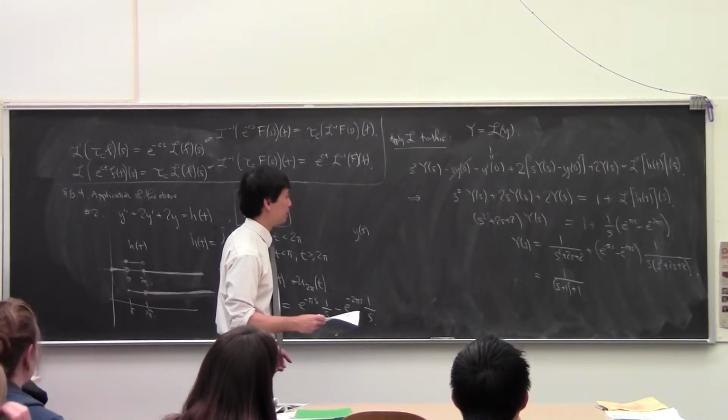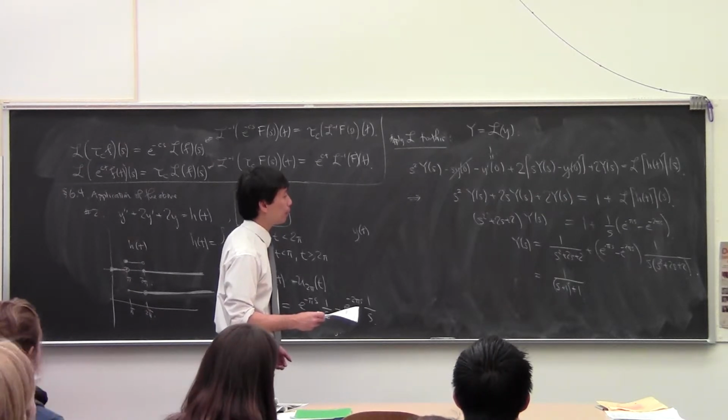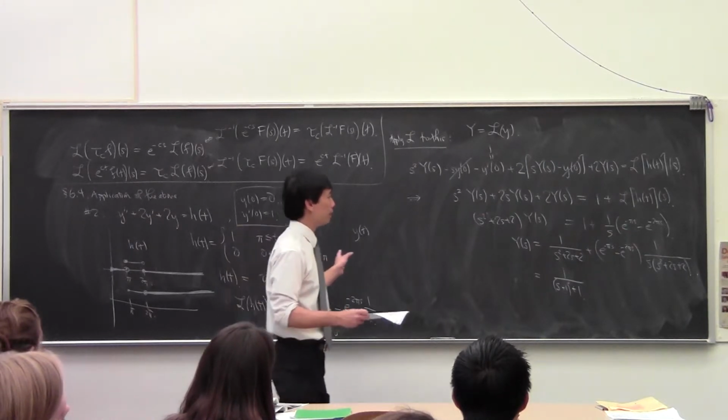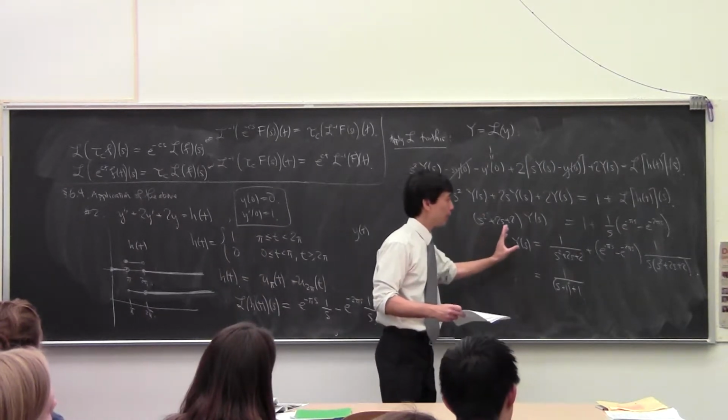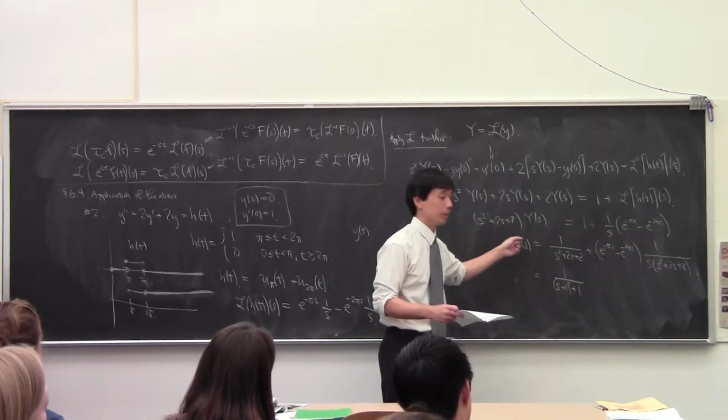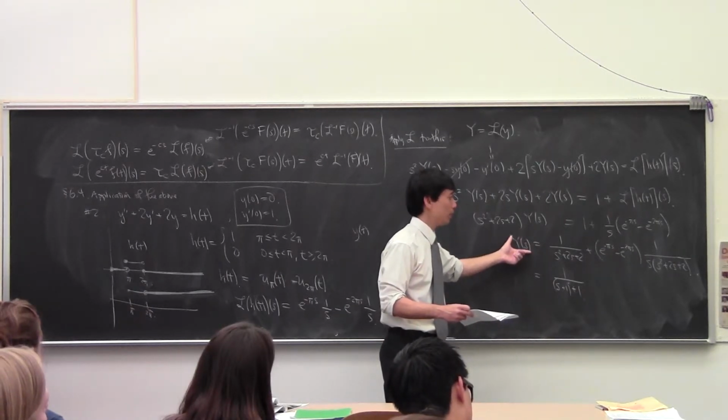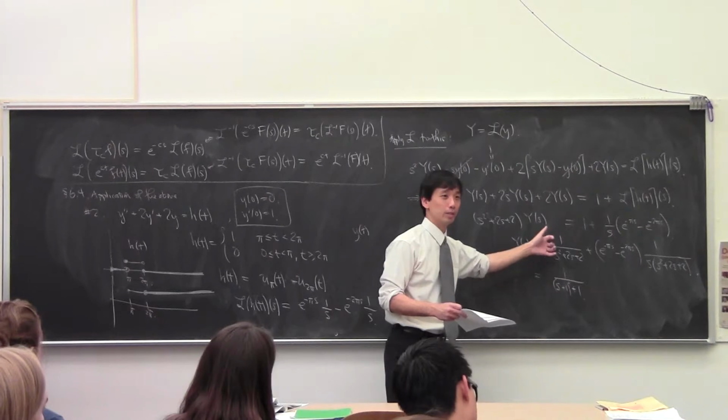Was that the problem you're saying, because you said that there's some problem with this? Well, not really. What you get is that the Laplace transform has this form, so it's this function.